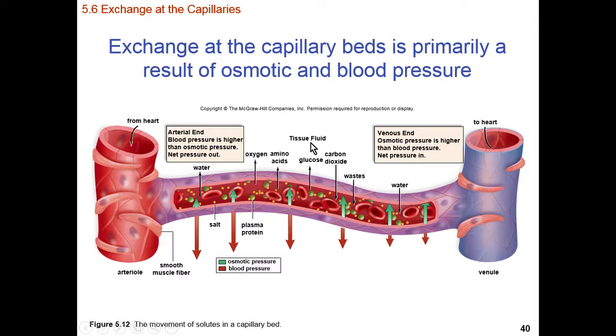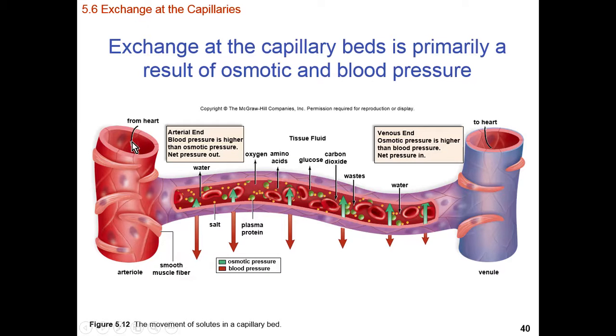The exception is at the intestinal tract. At the intestinal tract, our blood capillaries gain amino acids and glucose, in addition to gaining wastes and carbon dioxide. There are two pressures at play here that go back and forth. We have our pulling osmotic pressure that pulls fluids into the bloodstream, and then we have the hydrostatic or blood pressure that pushes fluids out of the bloodstream.